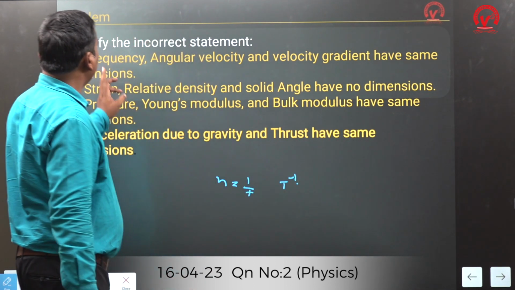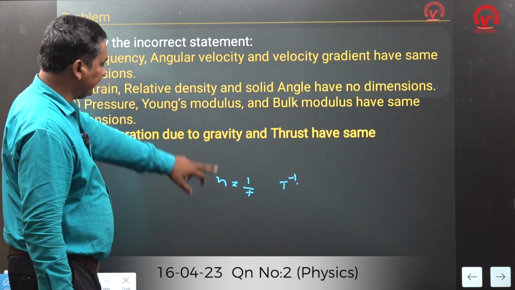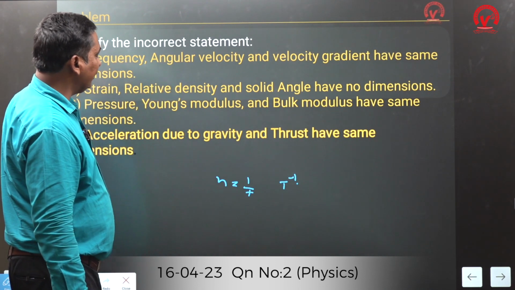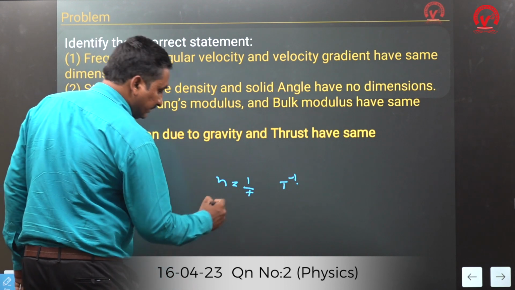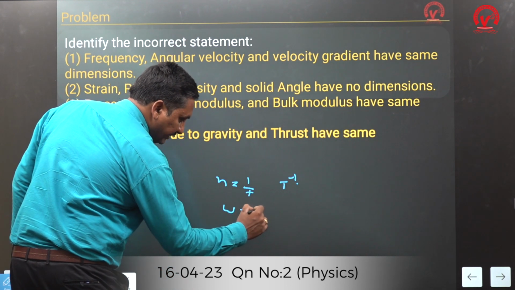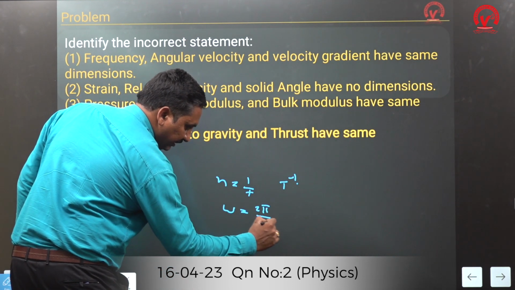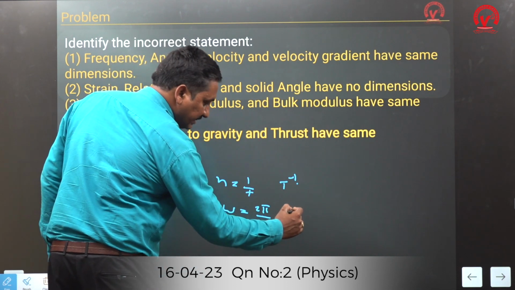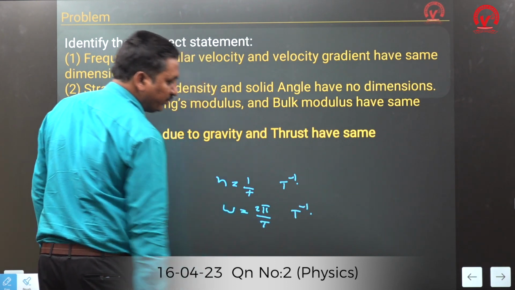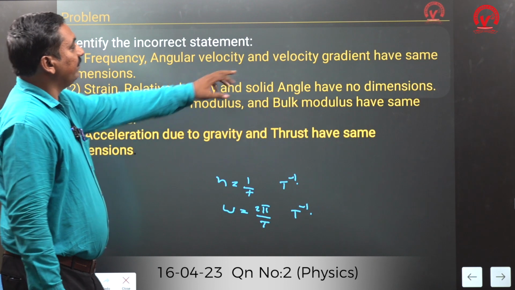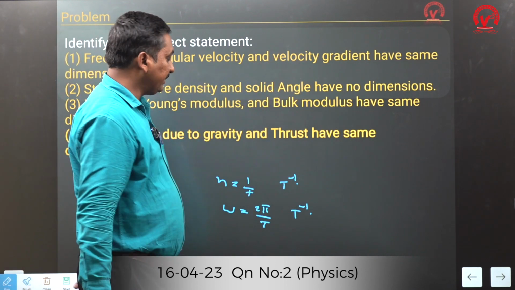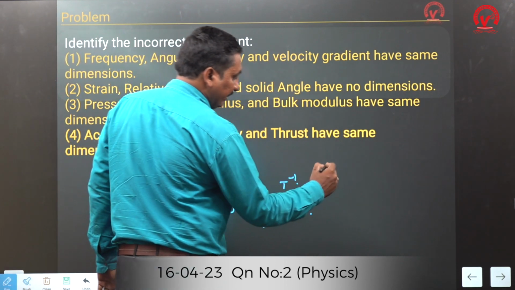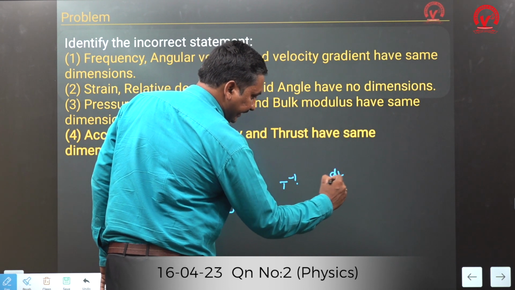So frequency has dimensional formula T power minus 1, and angular velocity. Angular velocity means omega. So what is the dimensional formula for omega? Omega also has dimensional formula T power minus 1. And next, velocity gradient. Velocity gradient means dv by dx.